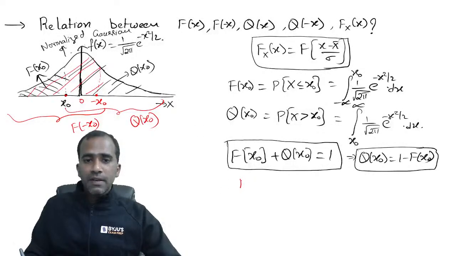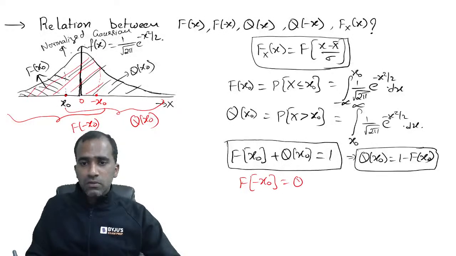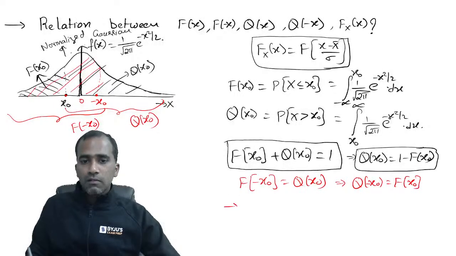So one more relation between F of x0 and Q of x0 is that F of minus x0 is equal to Q of x0, or Q of minus x0 is equal to F of x0. Okay, this is the relation. One more relation: what is the relation between F of minus x0 and F of x0?